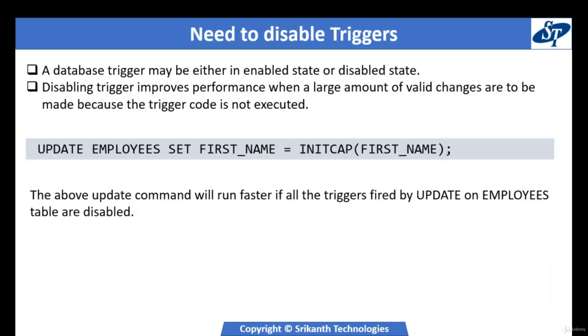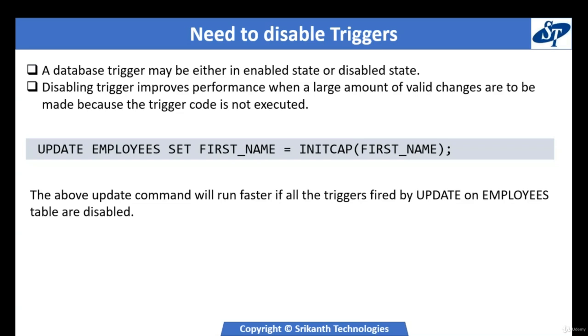Now, there might be cases where you want to delete a trigger altogether because it's no longer relevant. But there might also be cases where your intention is not to drop the trigger altogether, but only to disable it for the time being. Why do I disable a trigger?